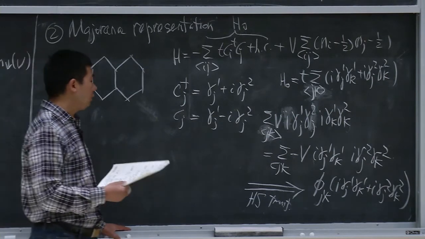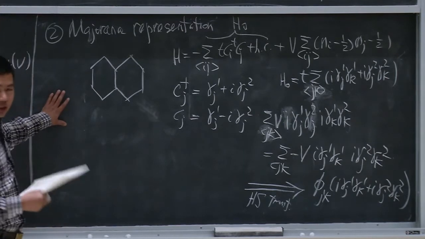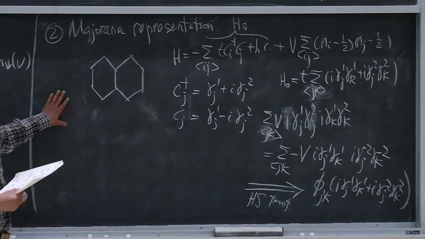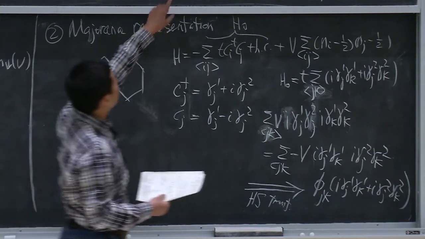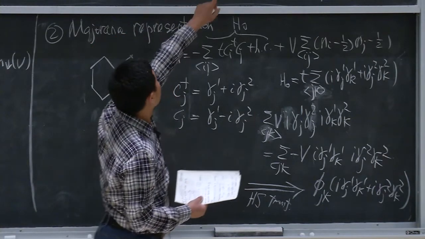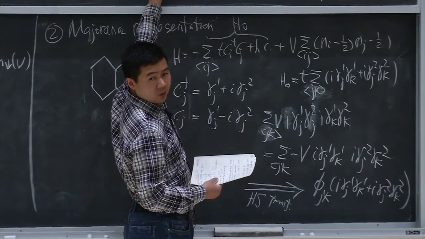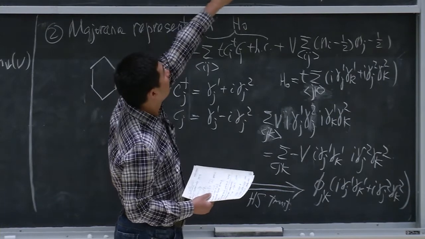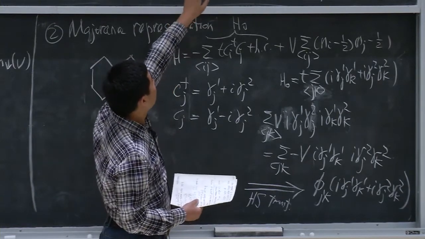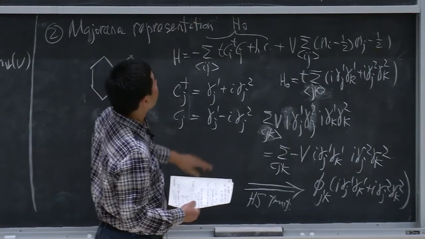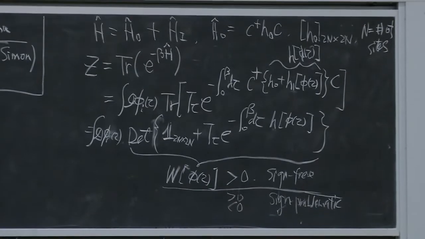Integrating out Majorana fermions will give you a quantity which is the square root of a determinant instead of a determinant. Okay, so integrating out the complex fermions, you will get a determinant. But if instead of c dagger c it is gamma transpose times gamma, the Majorana fermion, you will get a square root of this determinant.